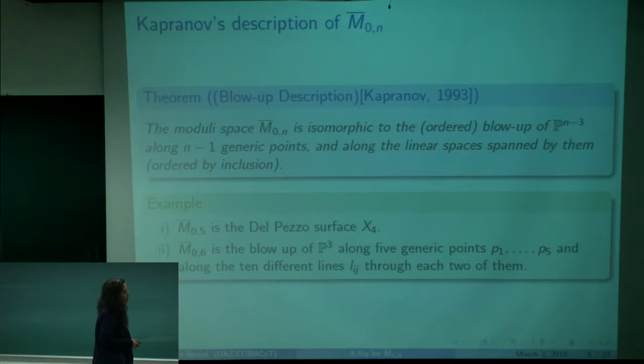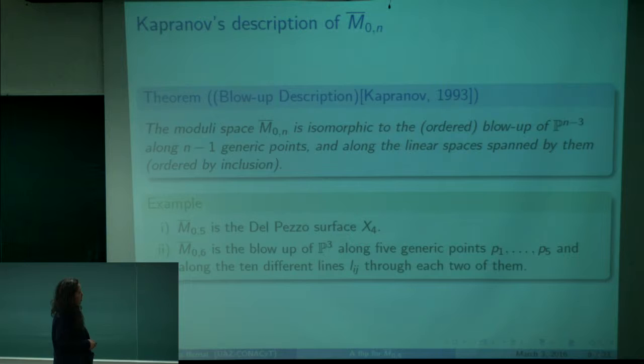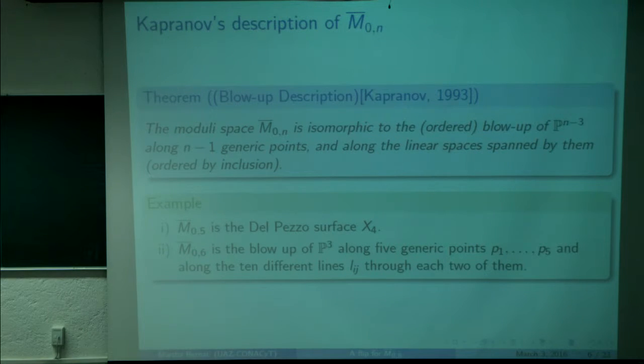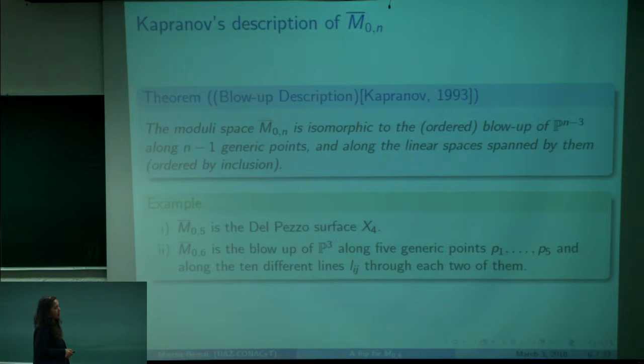So we have, for M0,n bar, this very nice and useful description of Kapranov's. In fact, Kapranov's description is even larger, giving it as a Chow quotient of Grassmannians. But this one is the one I'll be using today. M0,n bar is isomorphic to a blow-up of P^(n-3) along linear spaces.